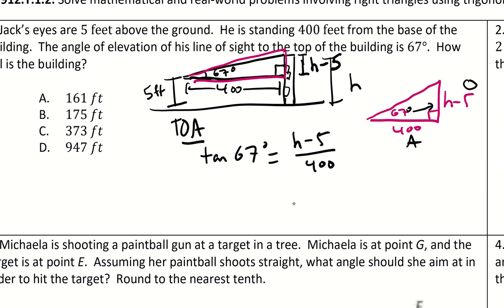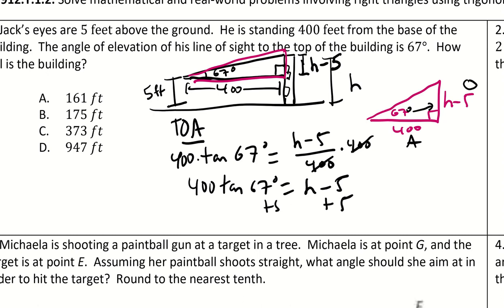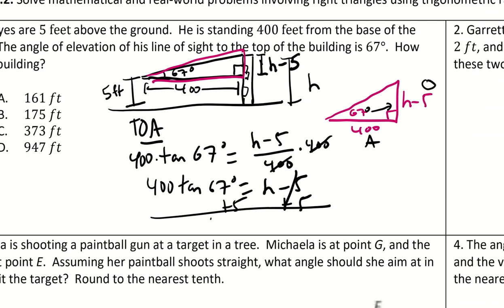So we're going to multiply by 400 on both sides to get rid of it. And then we have 400 tan 67 equals H minus 5. And then I want to solve for H, so I'm going to add 5 to both sides. Now this 5 does not add up to the 67 or the 400, guys. These are two totally separate things.